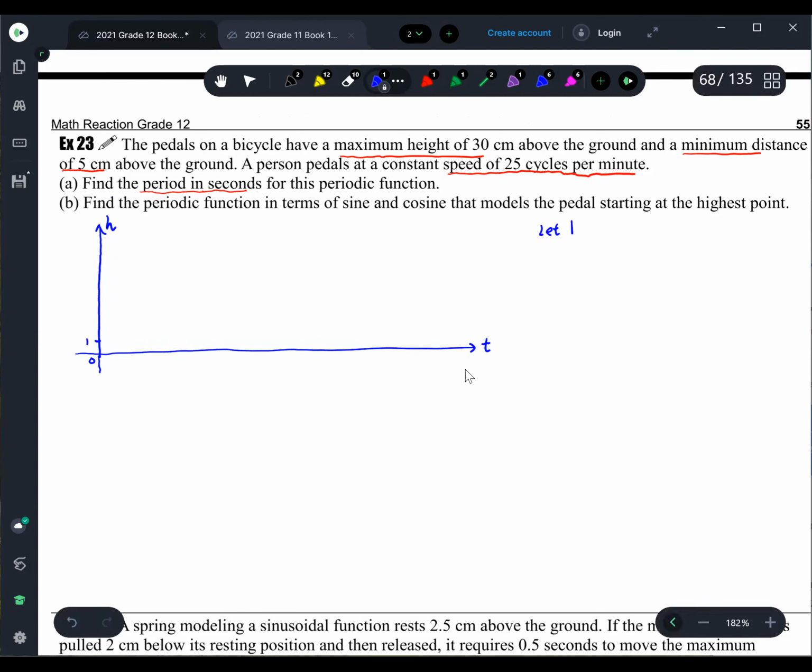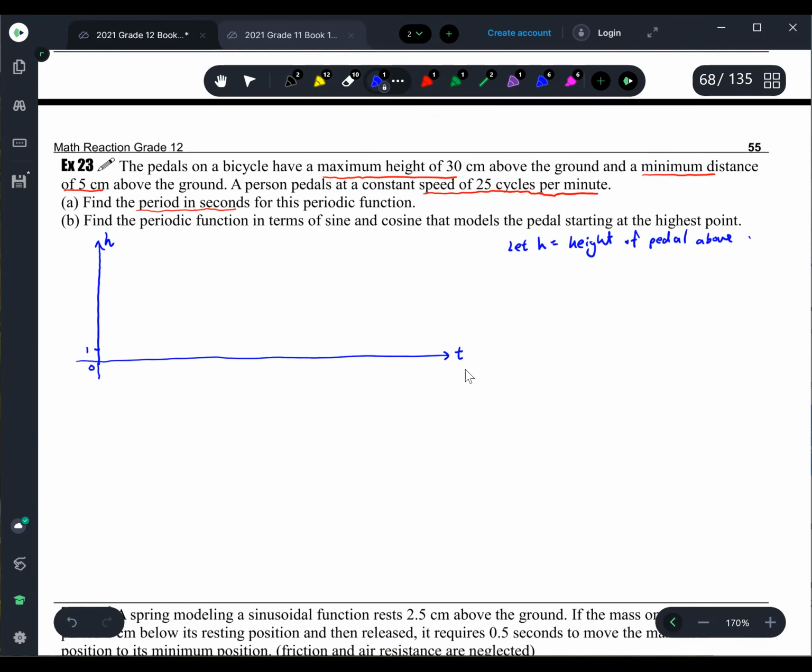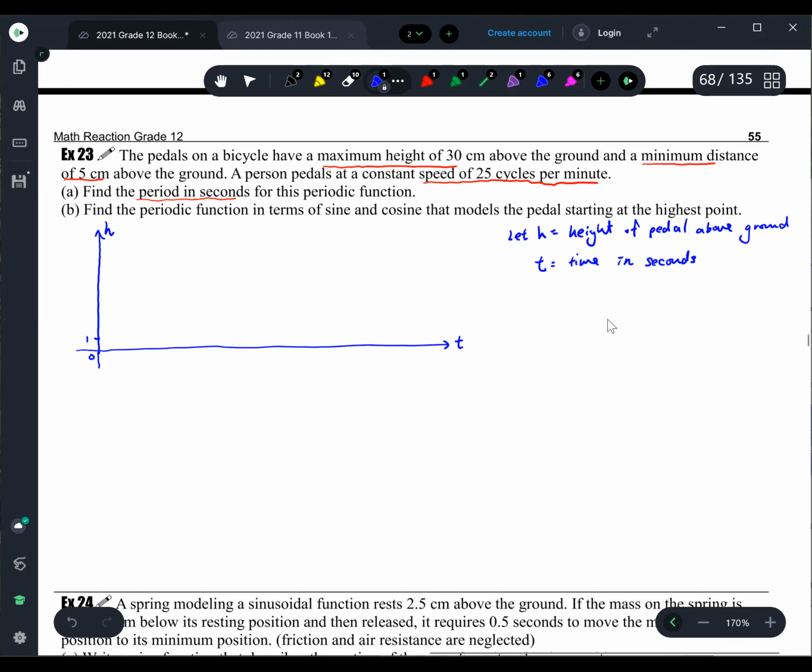Let h be the height of pedal above the ground, and t is the time in seconds. Okay, so when you're ready to start graphing, can you raise your hand? When you finish writing all these words down.